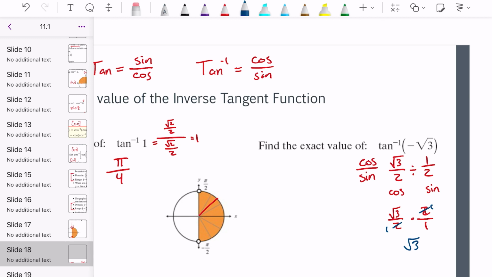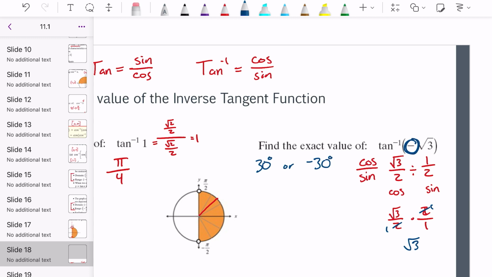In order for cosine to be square root of 3 over 2, we would be looking at one of two things. We would either be looking at a positive 30 degrees or a negative 30 degrees. We would have to follow the negative 30-degree angle because, keep in mind, first, we have a negative in this problem, and the only way we can end up with a negative is if one of our two values is negative.